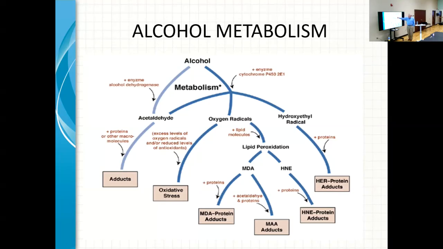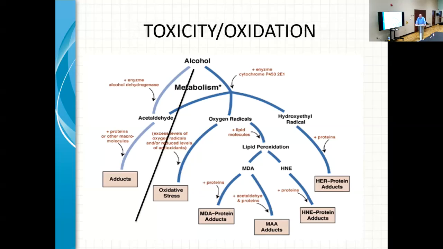And then there's another one, cytochrome P450 2E1, here, which is an enzyme that causes a lot of this oxidation. All right, Trina, go to the next slide. This is just where I tried to separate it for you, where toxicity is on the far left side of the flow chart and the oxidation is on the right side. Next slide.